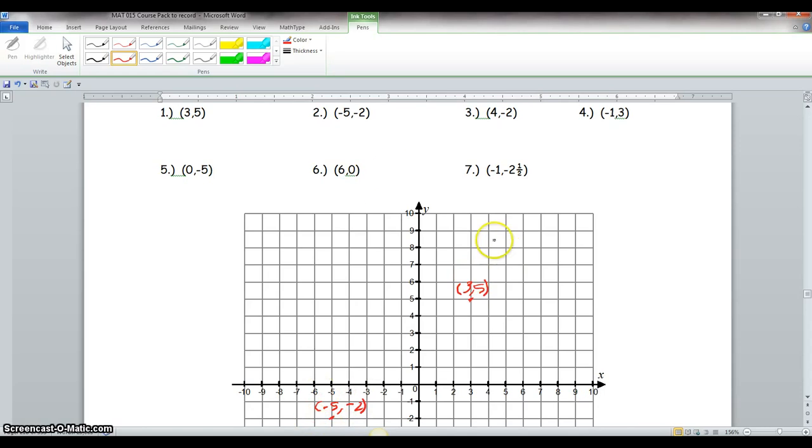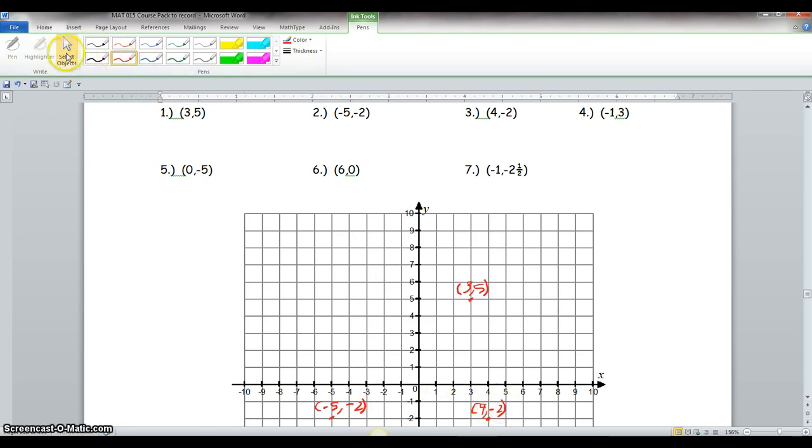Now we go here. We have positive 4 and negative 2. We go back to our origin, which is 0, 0. We go to the right 4, because x is positive 4. And then since y is negative 2, we go down 2. So now you'll put 4, negative 2.